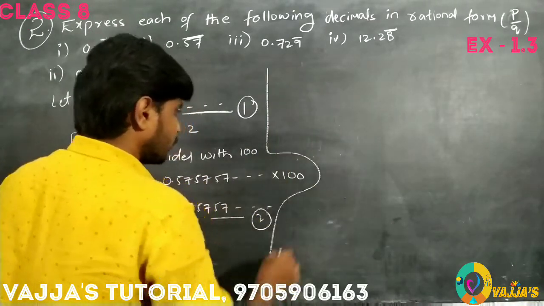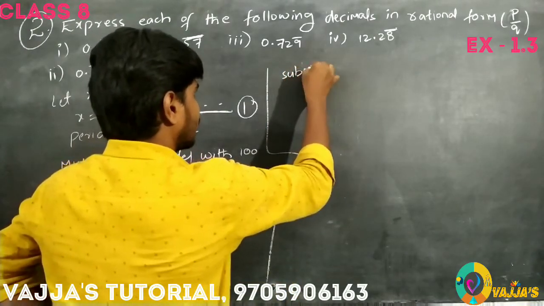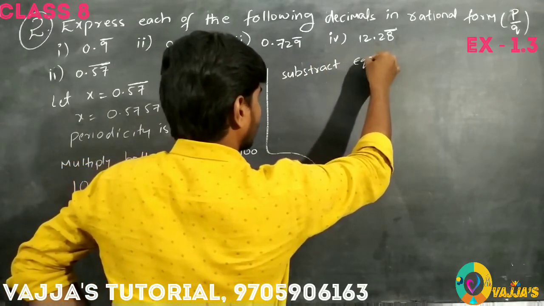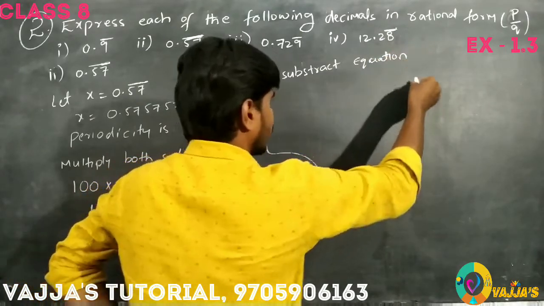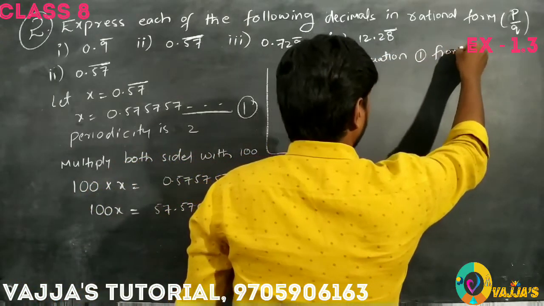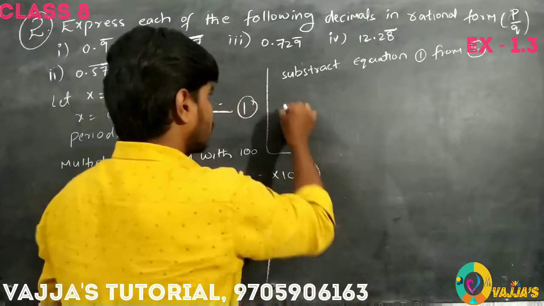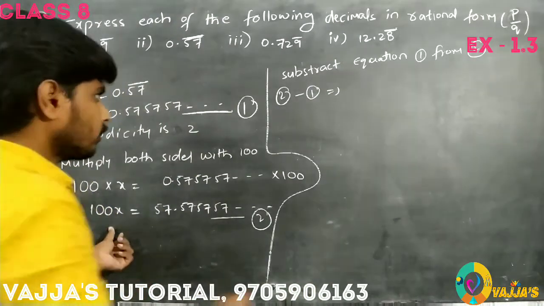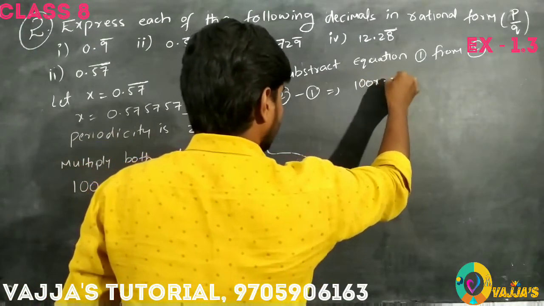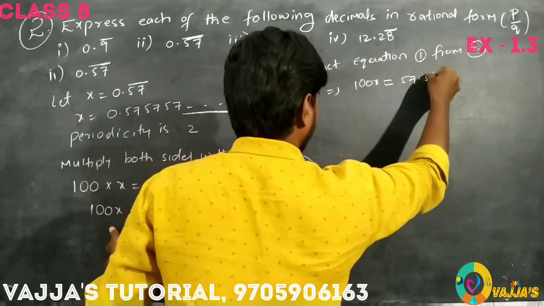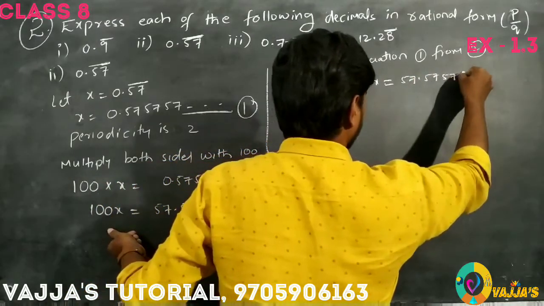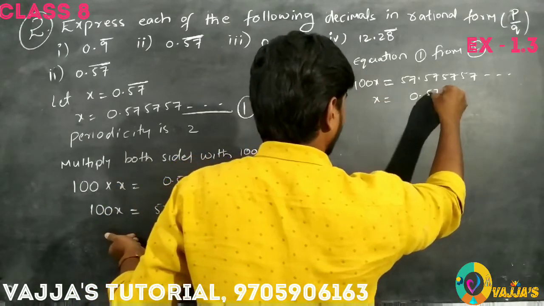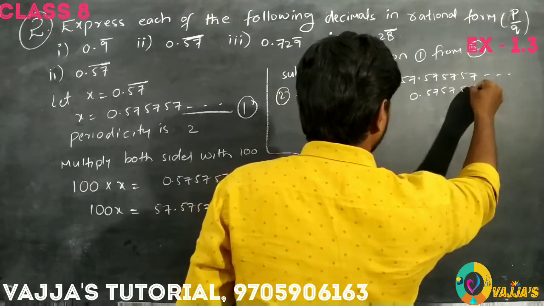Now subtract equation 1 from 2. We are doing 2 minus 1. So 100x is equal to 57.5757 and so on, and x is equal to 0.5757 and so on.